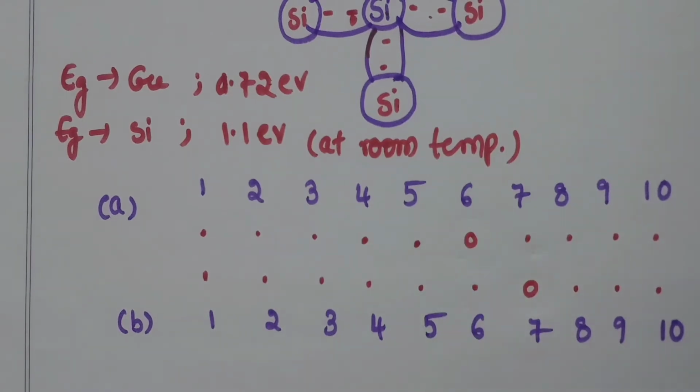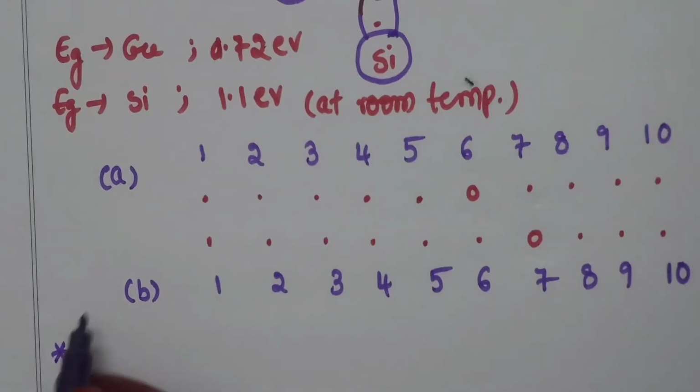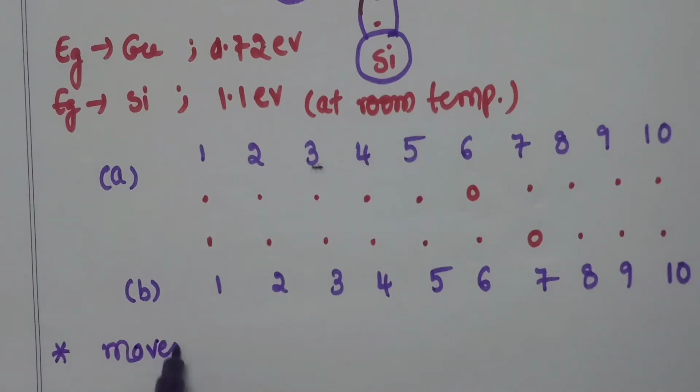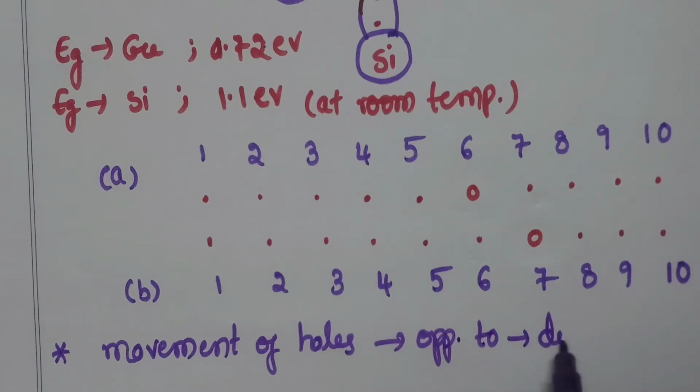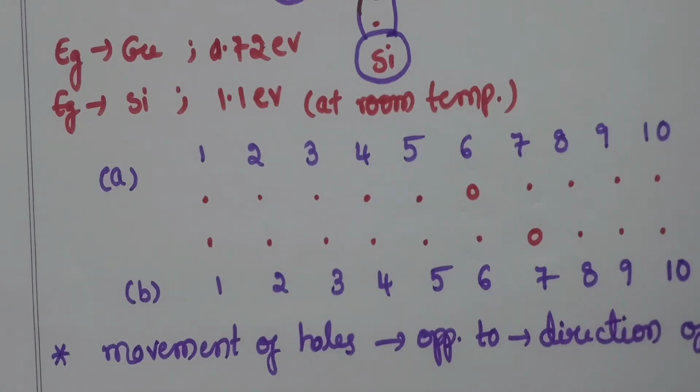That means the electrons are moving from one position to another position, thereby creating holes in the new position. So we can say that the movement of holes is opposite to the direction of movement of electrons. Thereby the current flows and the holes behave like positive charge equal in magnitude to the electron charge.